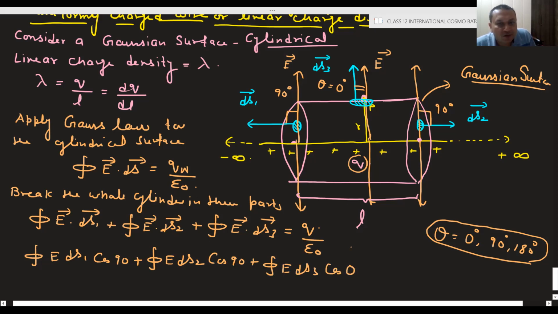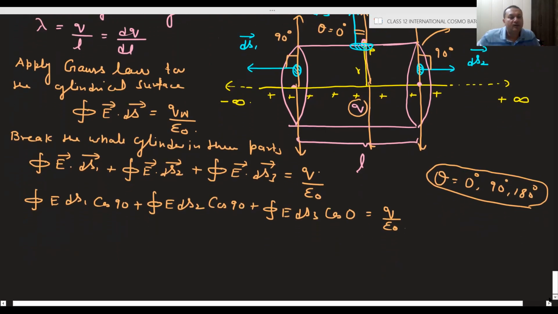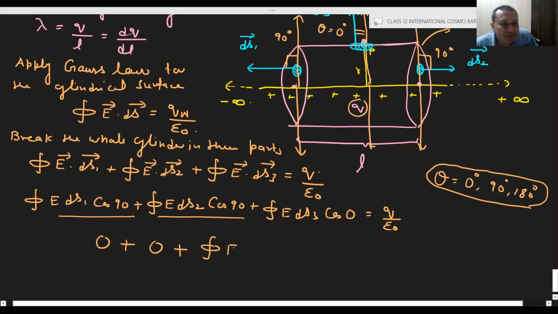Cos 0 equals to what? Q upon epsilon. So let me explain it further. E ds1 cos 90, this is 0. E ds2 cos 90, this is 0. Plus E ds3 cos 0, this will become E ds3 equals q upon epsilon naught.